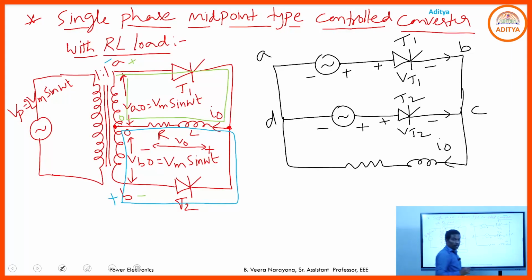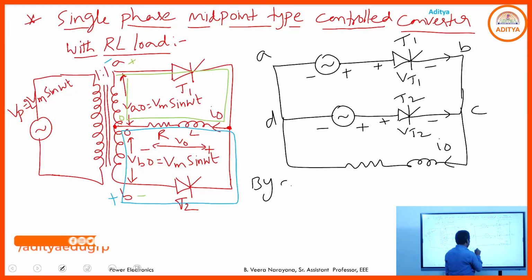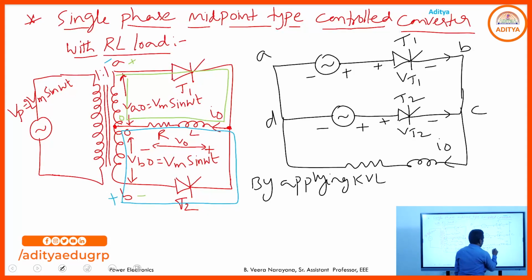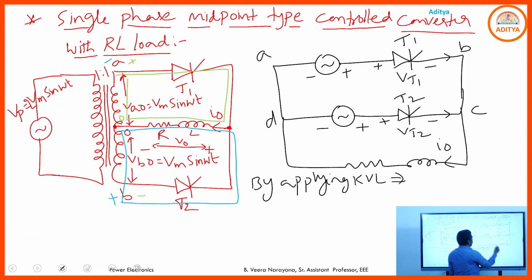This is the equivalent circuit of the single phase midpoint type full wave controlled converter with RL load. By applying KVL to this ABCD loop, what are you getting? This is VA naught and this is VB naught.